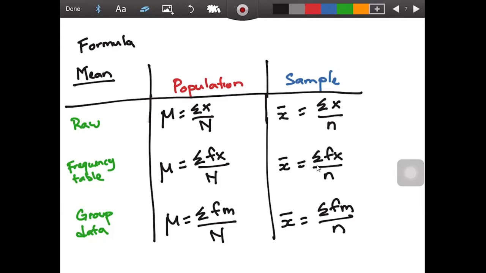For group data, mu equals the sum of fM. M is the midpoint. For each group in the group data, you need to calculate the midpoint, then multiply with your frequency and divide by population size. Same goes for the sample. Sample dia N ni saja berbeza, sama saja.